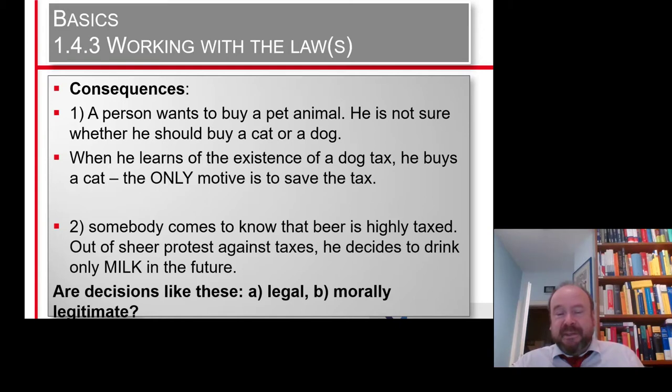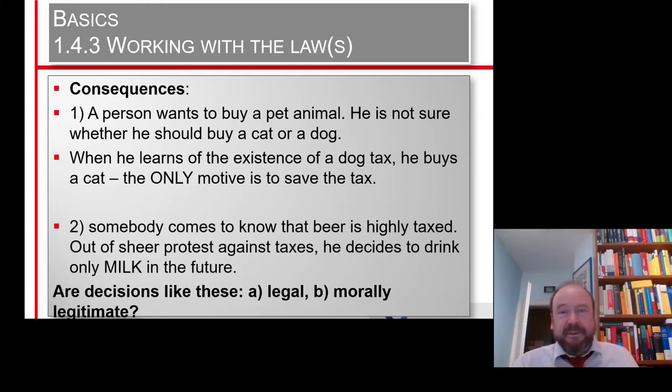There is also a tax on beer. If you want to avoid paying the beer tax, then there is a clear recommendation. Drink milk. You can even say, I do this only out of sheer protest against taxation of beer. Well, you do not have to pay the beer tax, because what you drink is not beer.